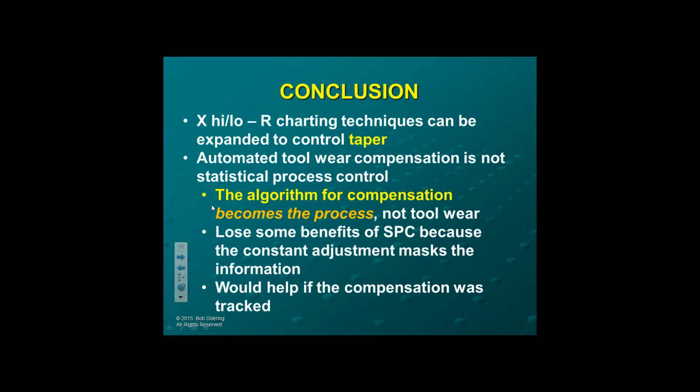It's constantly adjusting based on what it's seeing. So you lose some of the benefits of SPC because the constant adjustments mask that information. It would be handy if the compensation was tracked and added so that you could see what that tool wear rate was. But generally, it's not.